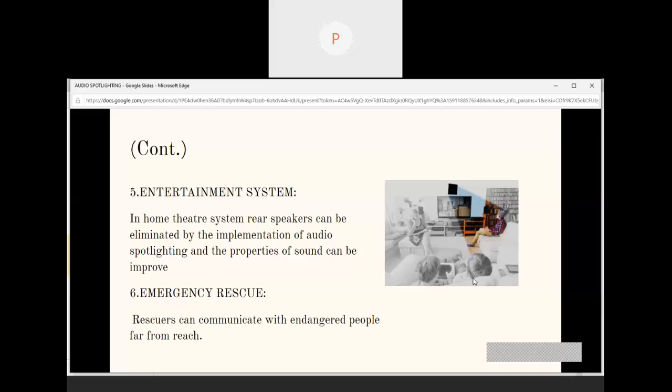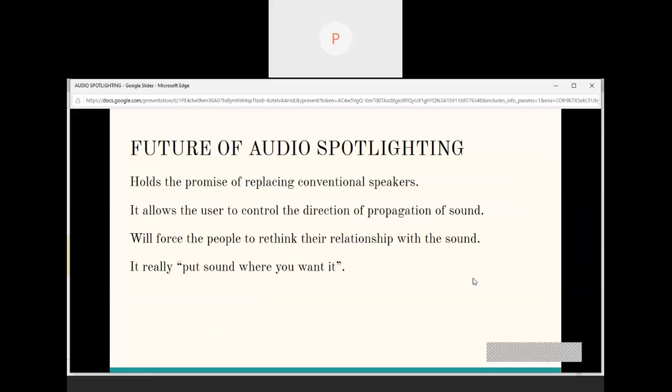Audio spotlighting really puts sound wherever you want it and holds the promise of replacing conventional loudspeakers. It allows the user to control the direction of propagation of sound.